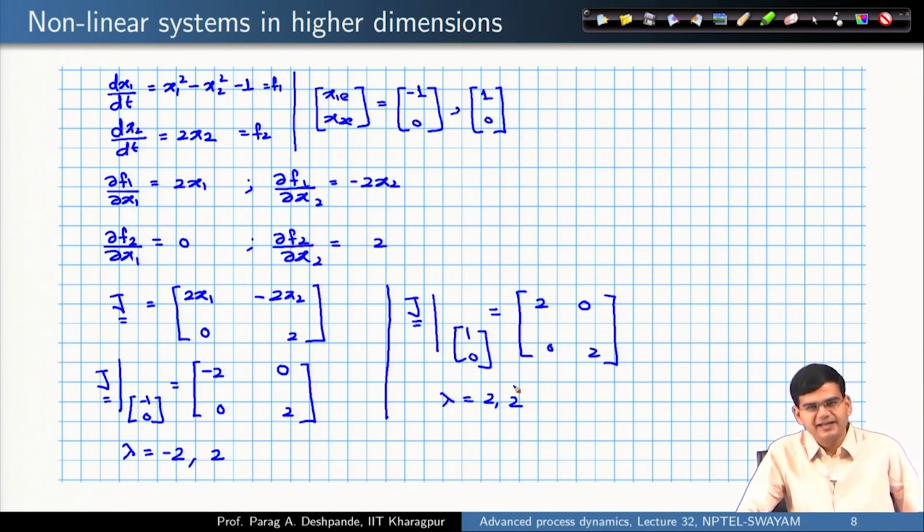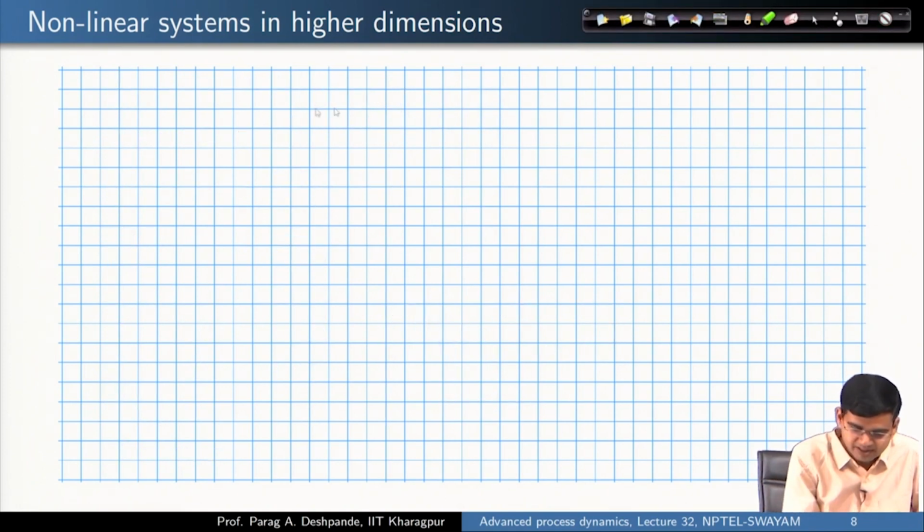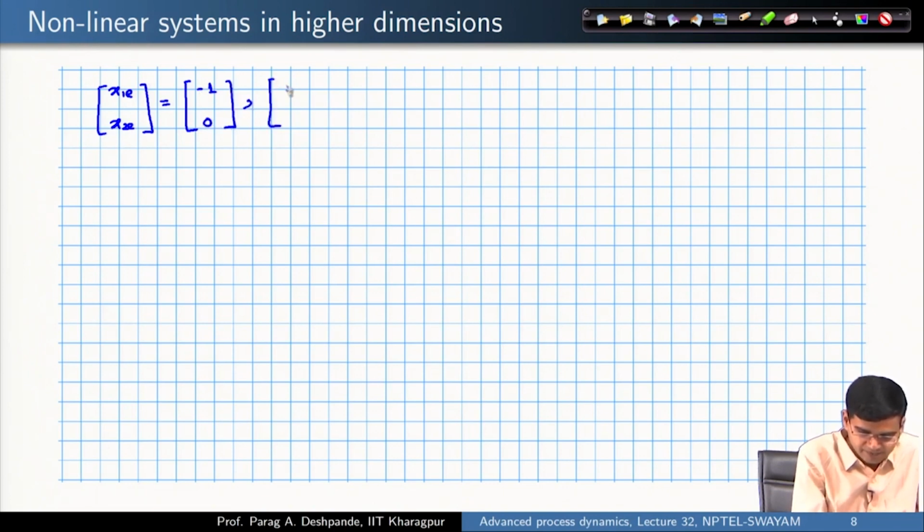And finally, can I get an idea about the phase portrait? Well, I can. To develop the phase portrait, I know that my equilibrium solutions, x 1 equilibrium and x 2 equilibrium, are minus 1 0 and 1 0.